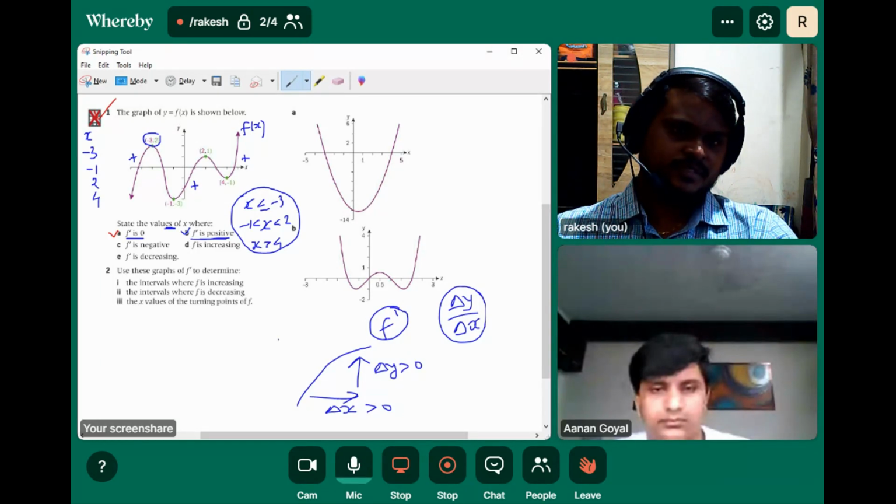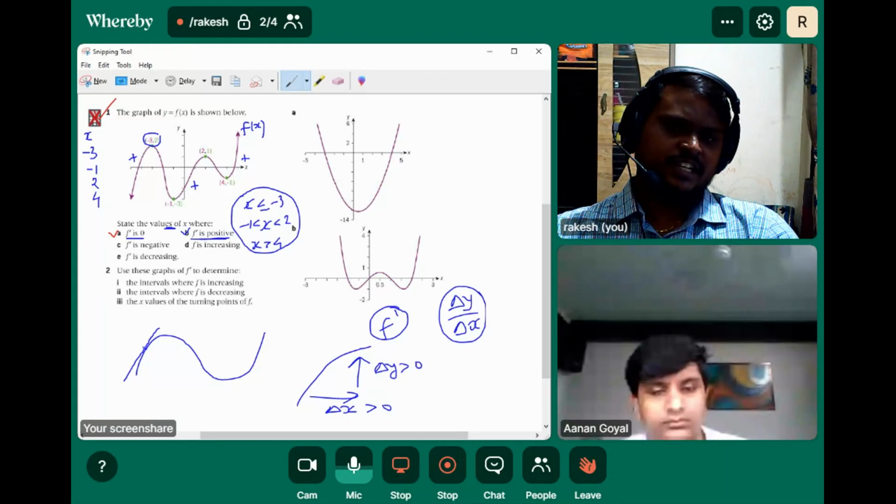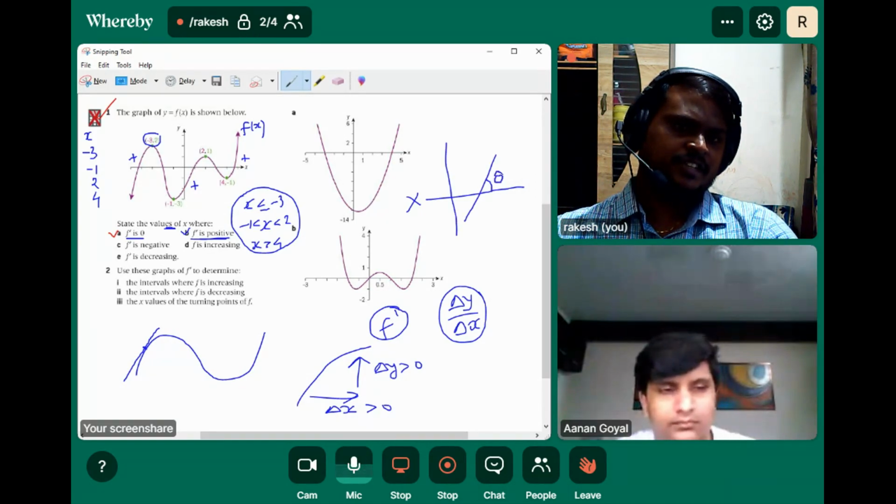right? See, I just draw one graph here. If I draw a tangent here, the gradient is positive. See, if this is the x-axis and this is the y-axis, how do we find out the gradient? The gradient is basically tan theta.